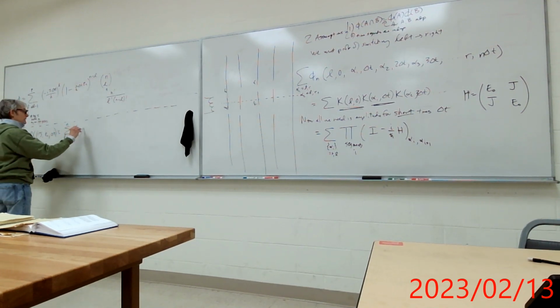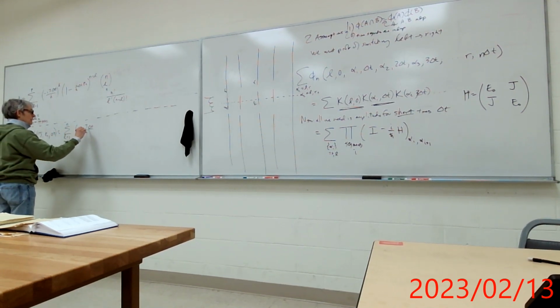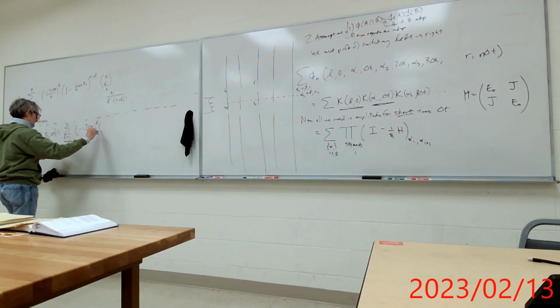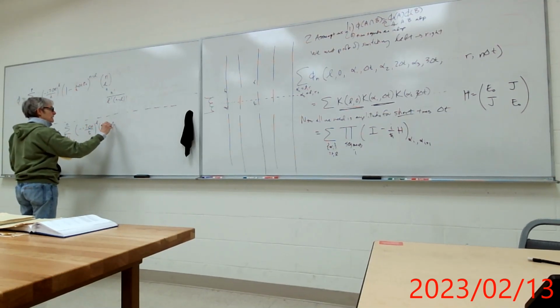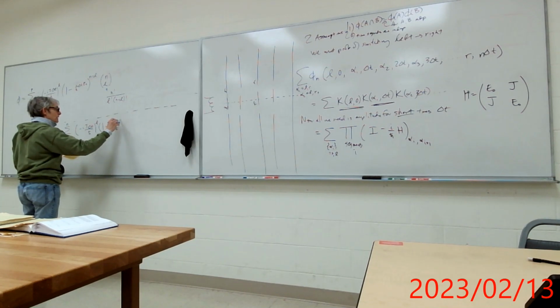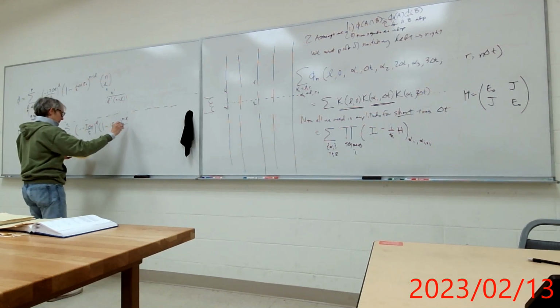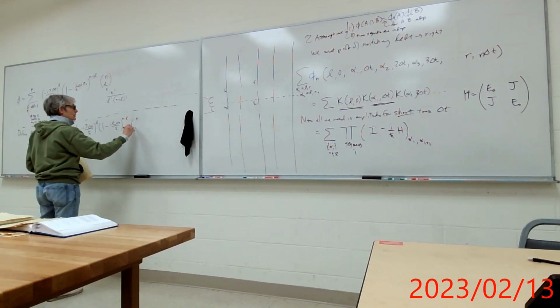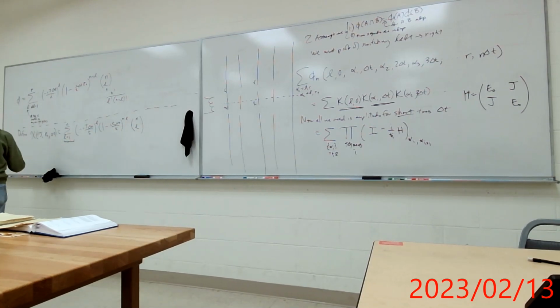So we've got minus i j delta t over h bar to the L, times 1 minus i E naught delta t over h bar to the n minus L, and we've got n choose L. So this is the unrestricted amplitude. This is the restricted amplitude. Now, I know what this is from the binomial theorem.